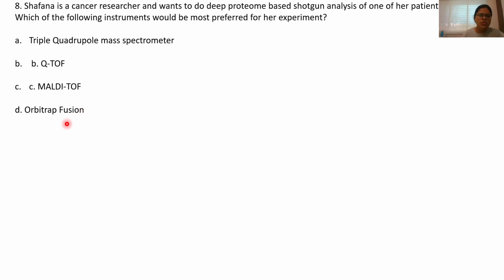Whenever you are performing deep proteome-based analysis, you need high resolution instruments for your experiment. So that is why Orbitrap Fusion will be the instrument of choice whenever anyone wants to do deep proteome-based shotgun analysis.